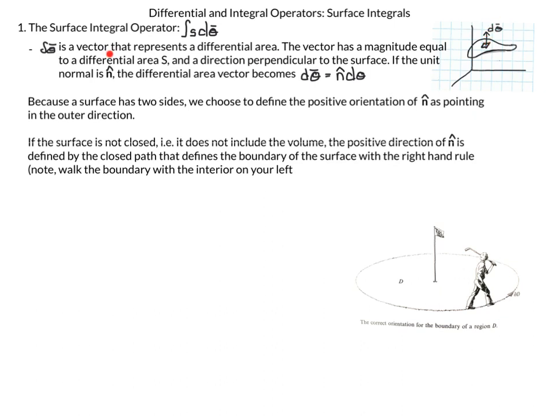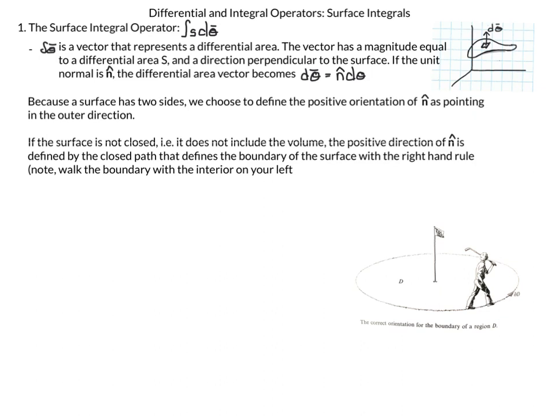If the unit normal is n, then because the differential area vector is also perpendicular to the surface, d sigma is equal to n d sigma. Here we have the direction now goes towards the normal, and then we have d sigma.